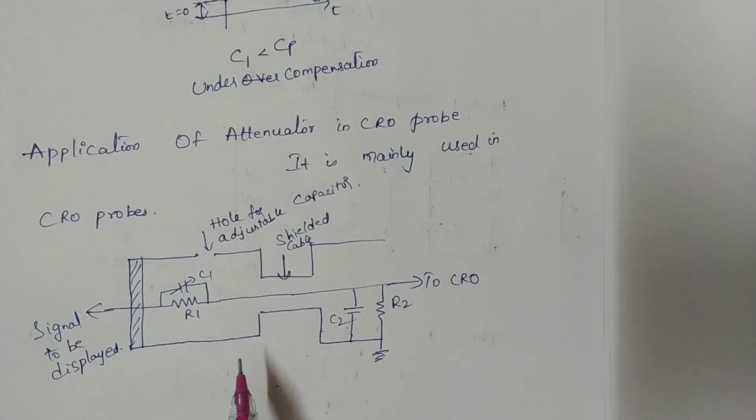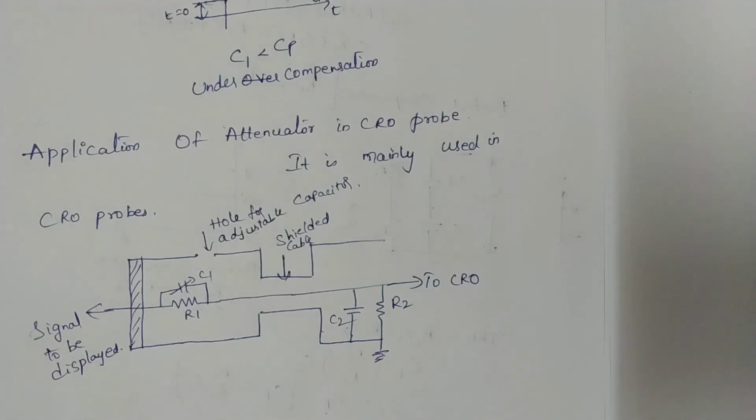So in this session we have discussed the attenuator and attenuation factor, perfect compensation, and the application of the attenuator. We know that an attenuator is a resistive network used to reduce the amplitude of the input signal at the output by a finite amount without distorting the signal.